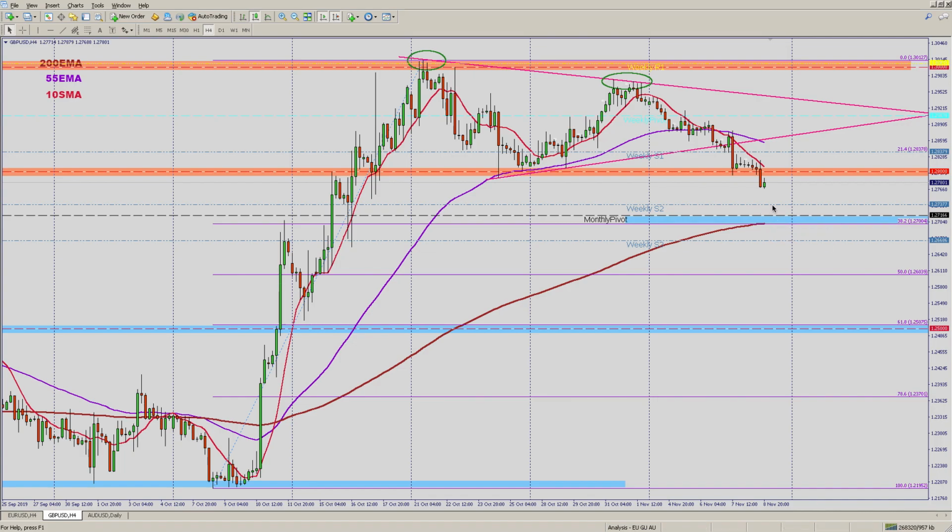Right, and we'll see what the new weekly pivots will be on Monday. Likewise, the 200 period EMA is also right at the 127.00 area, so that's definitely going to be a key support area.